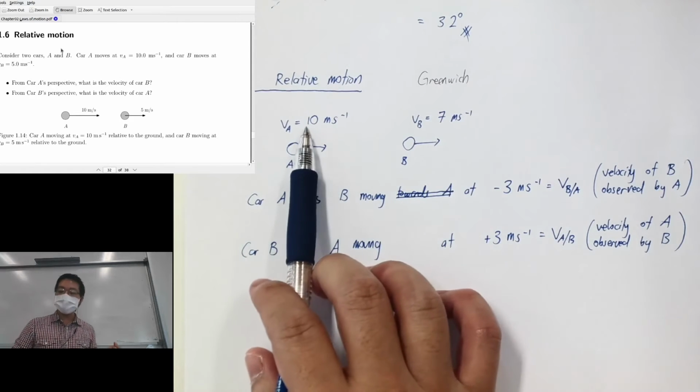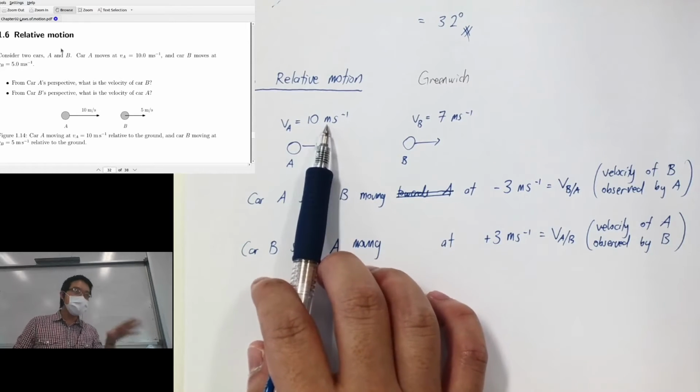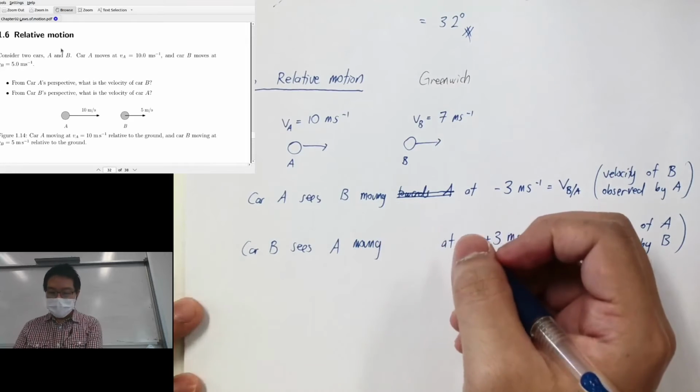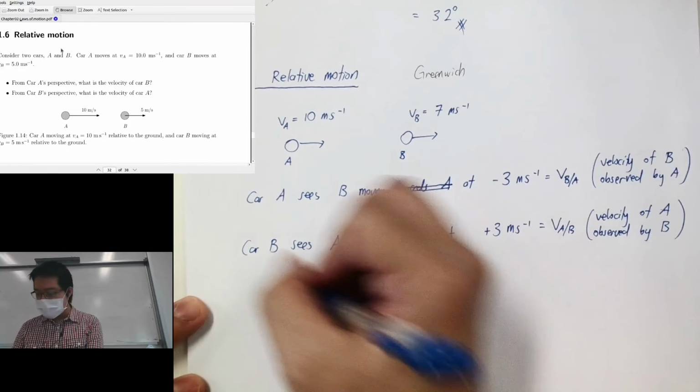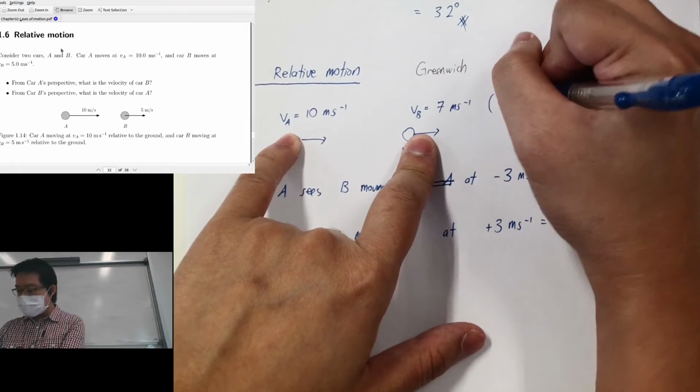So this one is measured with what coordinate system, right? It's relative. I should specify now. It should be relative to the ground, right? So when you drive, what you read, your speedometer is relative to the road, right? So that means VA and VB is velocities relative to the ground. So we should say that this is relative to the ground.